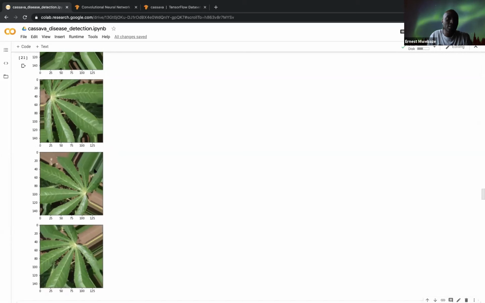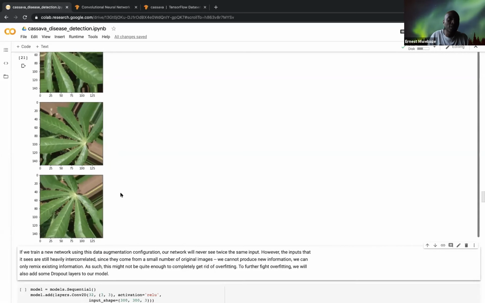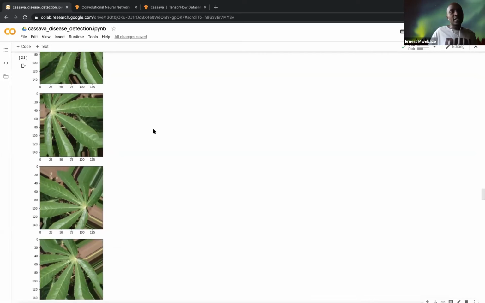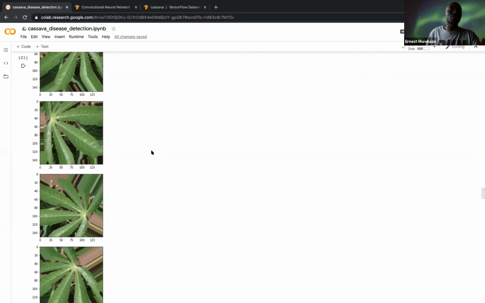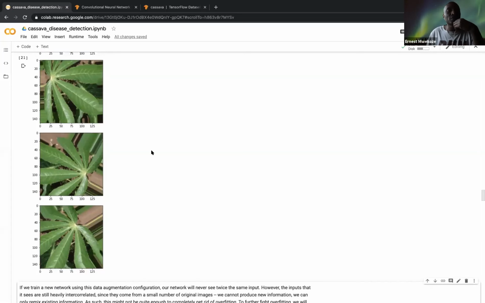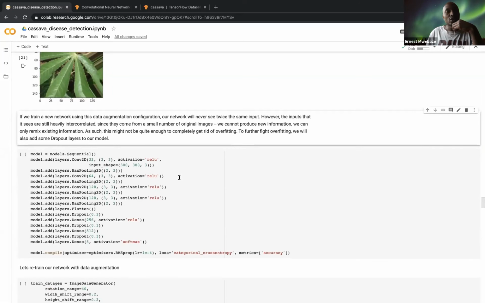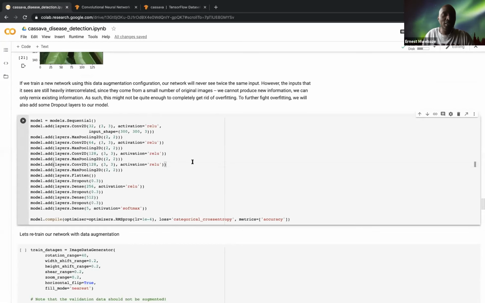So again, this one has been shifted. This one has been flipped. The second one seems to also have been zoomed out, or zoomed in actually. So from one image, we can create different other images that we can use for training. So that's the whole point with augmentation.